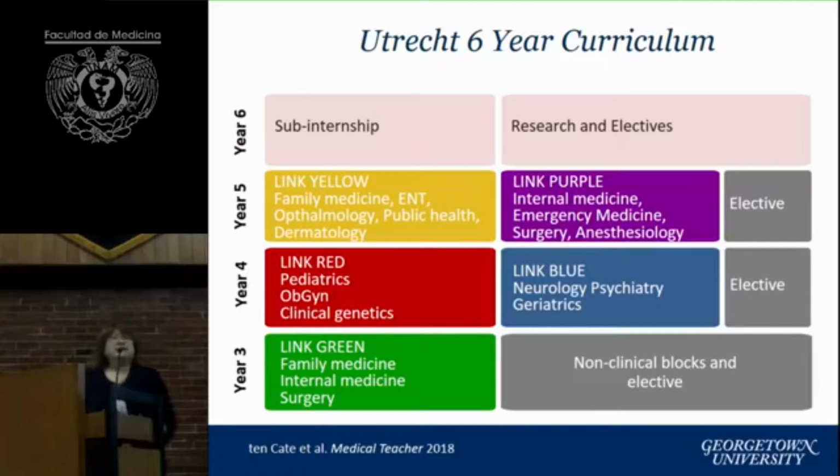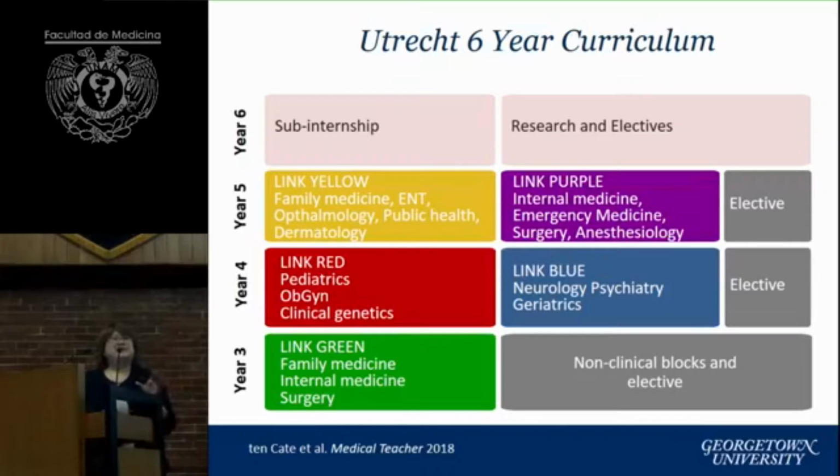And I'm going to show you an example of how this has been done at Utrecht. So Professor Ten Cate published the curriculum in Utrecht. It's a 6-year curriculum, which is nice to look at because it much more parallels what we have in the Latin American countries. So year 3 at the bottom, the Utrecht students also begin clinical work in year 3, and then we have year 4, 5, and 6.